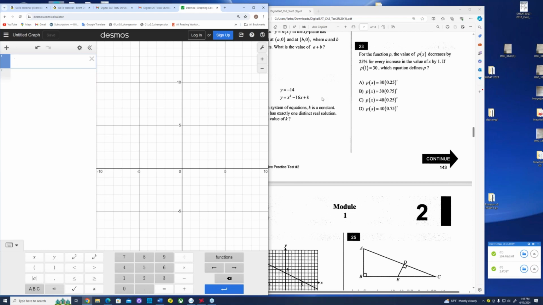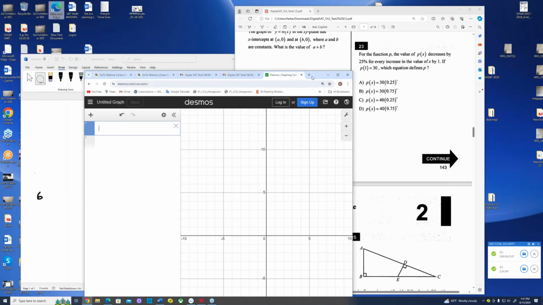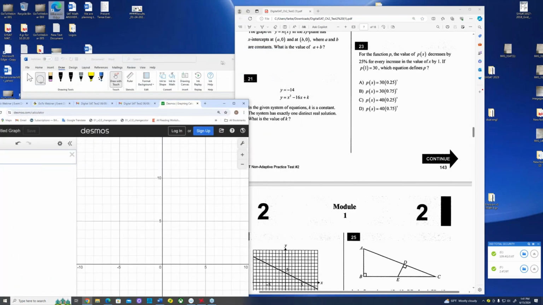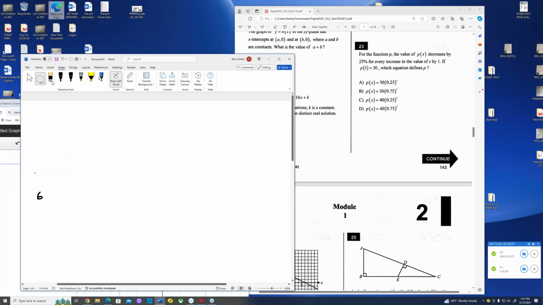So it was 100 minus 25, which becomes 75%, which is 0.75.